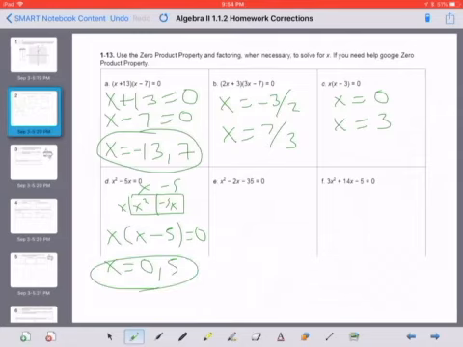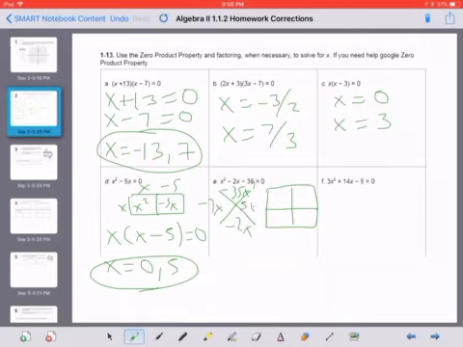E, I have to factor it, so I can box and diamond it. So I know I'm going to have negative 35x squared on top, negative 2x on the bottom. I know that 7 times 5 is 35, and I can get 2 from that. So I know I have negative 7x and 5x.